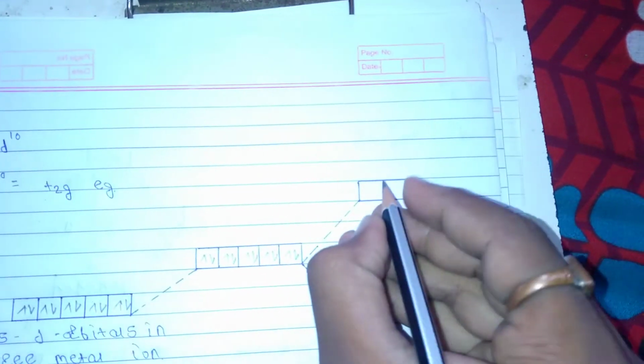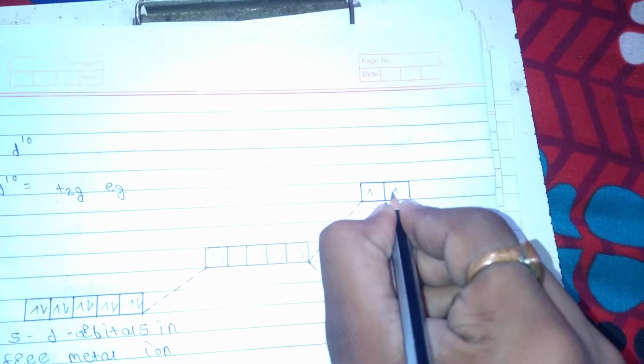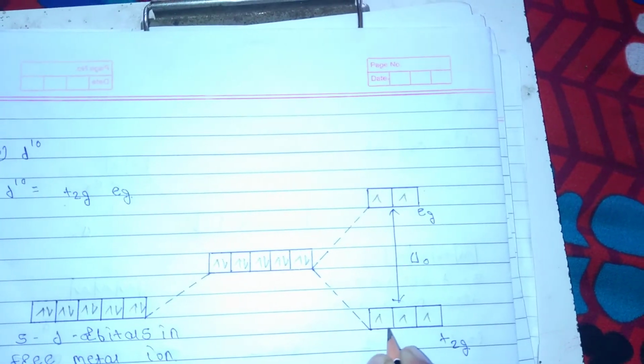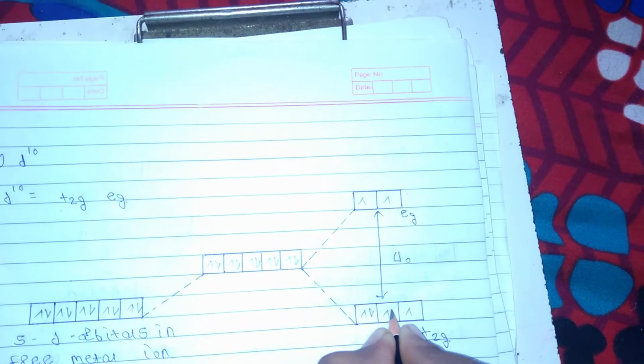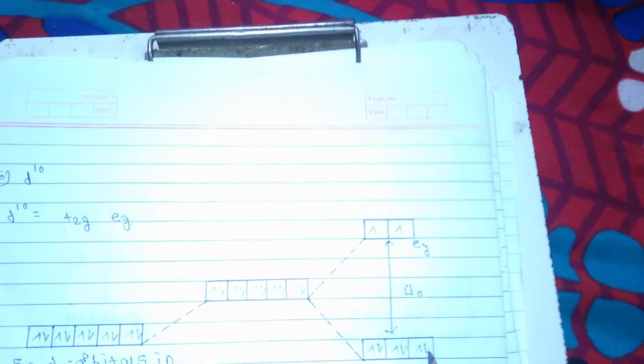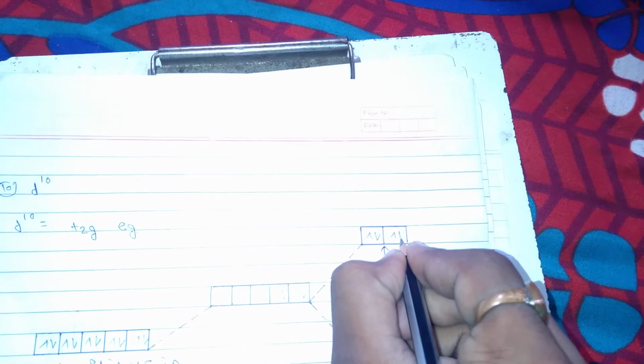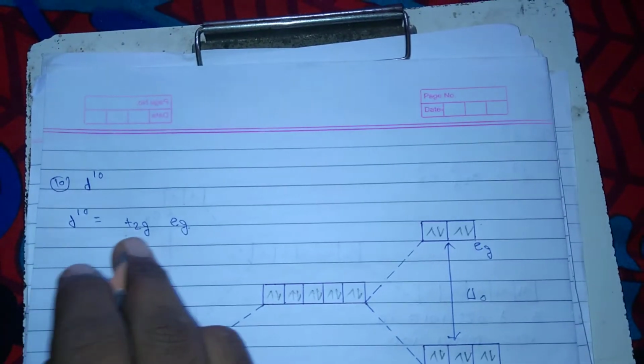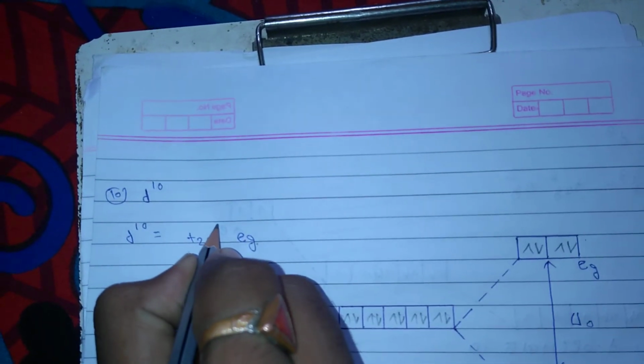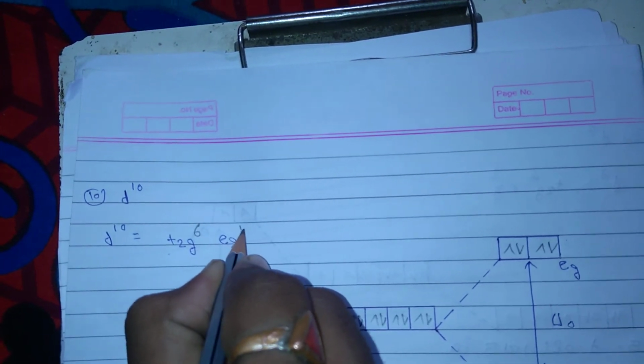Then the 4th and 5th electrons go in the EG set. Then 6, 7 and 8 go in the T2G set, and 9 and 10 go in the EG set. So D10 is equal to T2G 6 and EG 4.